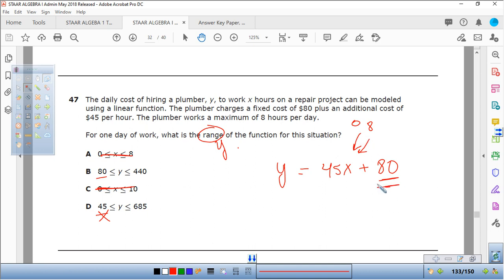He still gets charged 80, and then he gets the 8 hours in. I don't even know how to do this one in my head. 40, 32, 36, plus 80, 440. So that's the max right there. But boom. Okay? Going once, going twice.